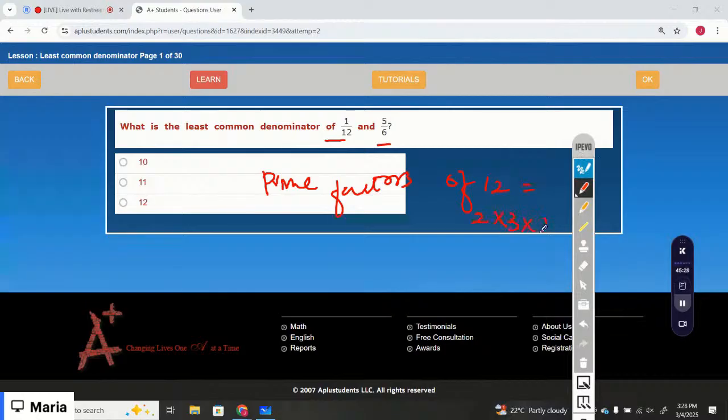2 times 3 is 6 and 6, right? Same way, write down the prime factors of 6. We just look at the common factor, 2 times 3 and 2 times 3. That is common. So the least common denominator is 2 times 3, that is 6.